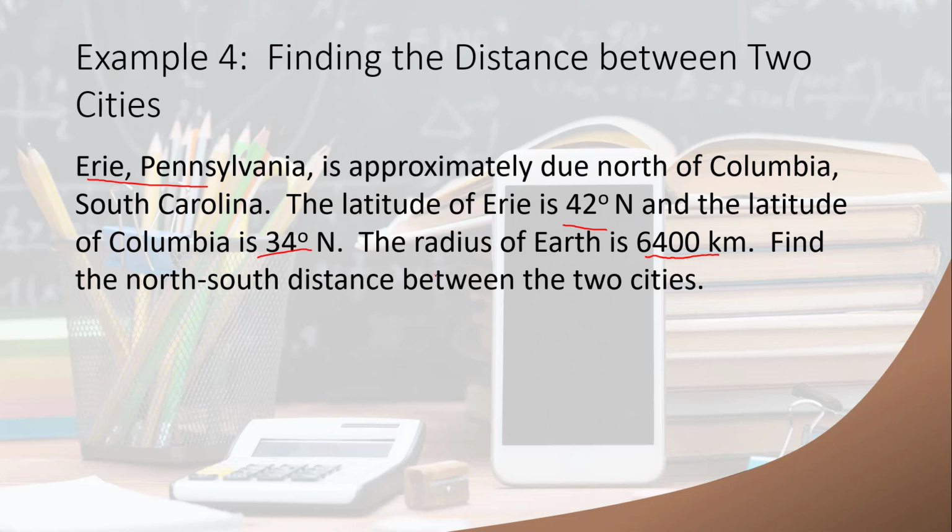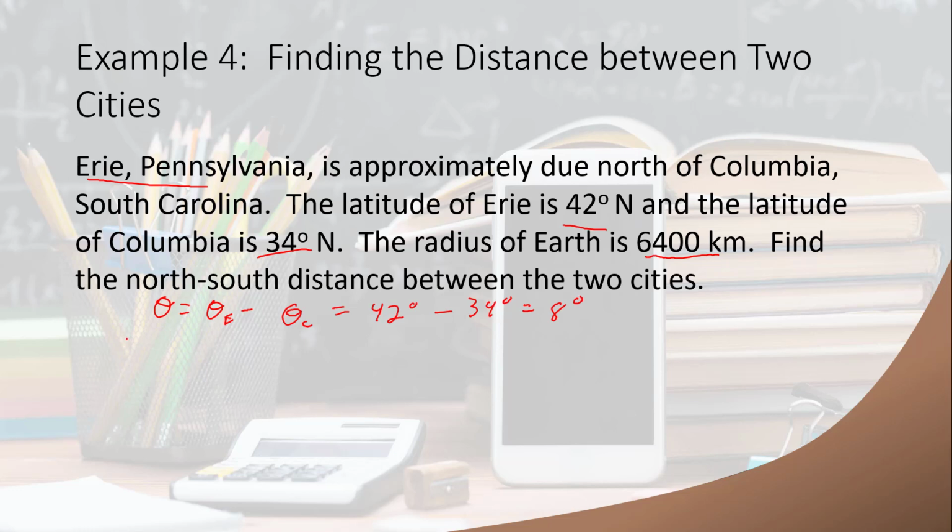Okay, well, to do this, we need to find the angle between those two cities, and that angle is going to be the latitude measurement at Erie, so we will call that theta E, minus the latitude measurement at Columbia, we'll call that theta C. That is 42 degrees minus 34 degrees, and that will be equal to 8 degrees.